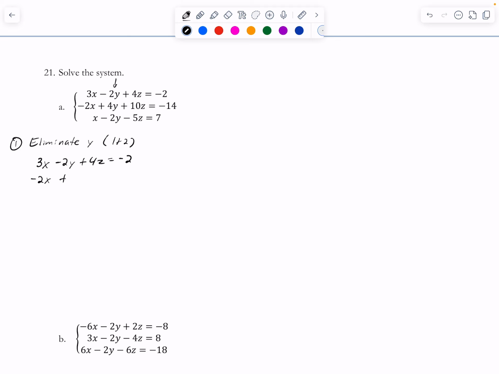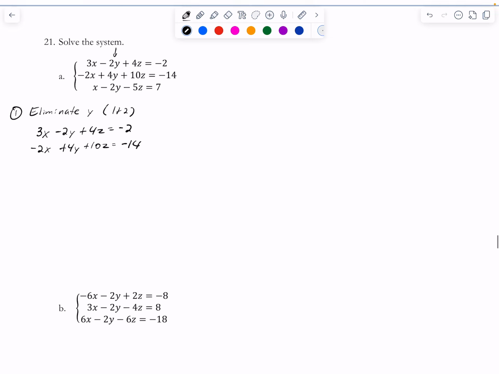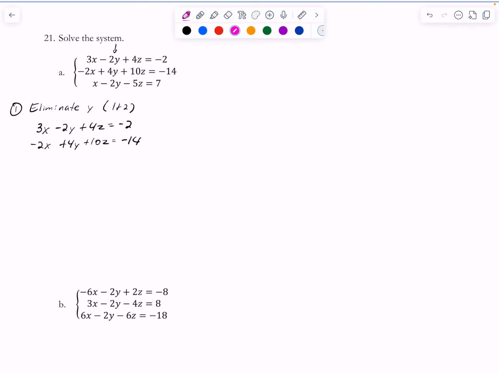Then copy the second one down. And I'm not able to eliminate y right now, but if I multiply everything in the first equation by 2, that would allow me to add to eliminate. Okay, so I multiplied everything on the first one by 2, copy the second one, I haven't changed that at all.